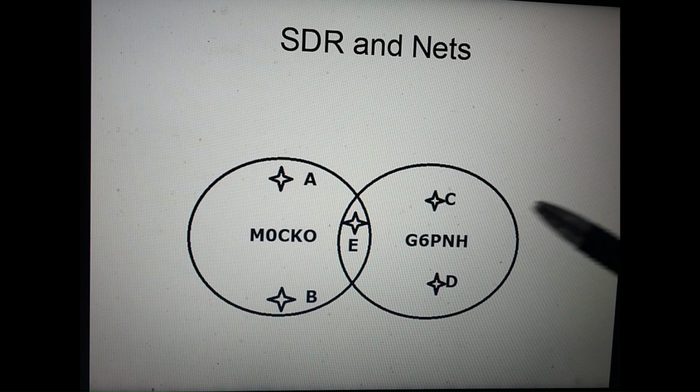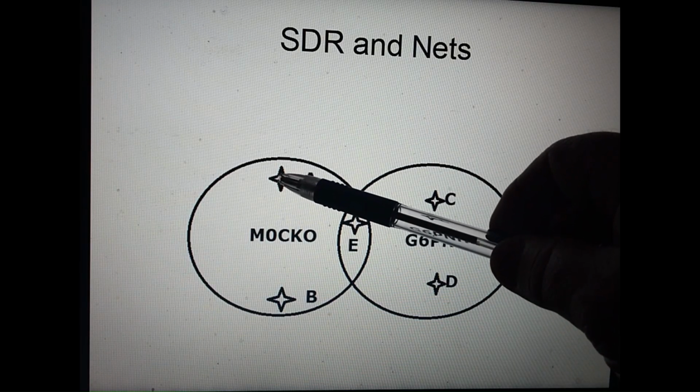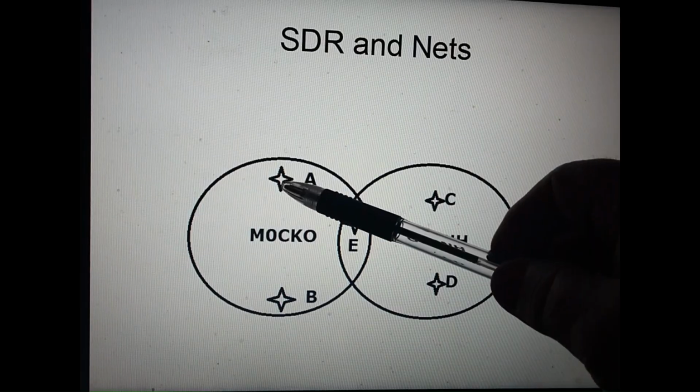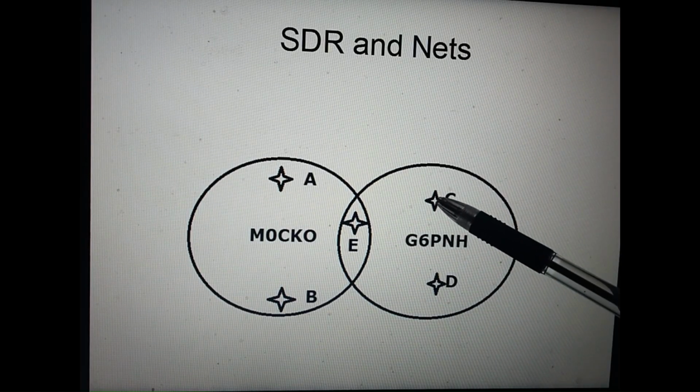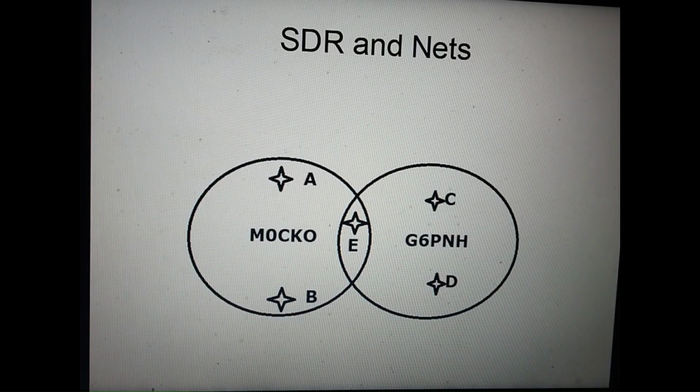Similar with point D, and then working across, somebody at point A transmitting might not be able to be heard by C, but C could listen to M0CKO's SDR. And that is the basic principle of, first of all, one SDR and then adding a second SDR in.